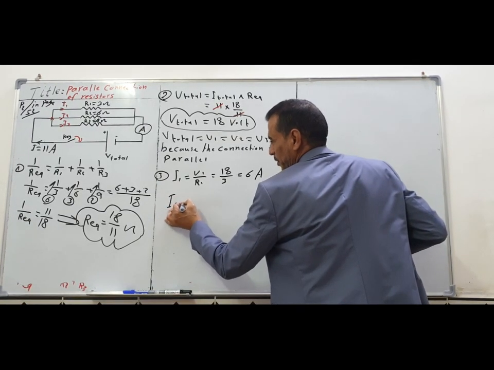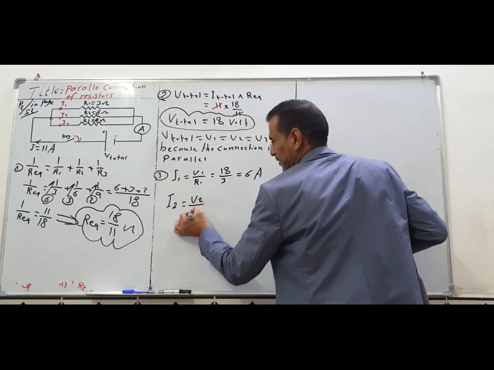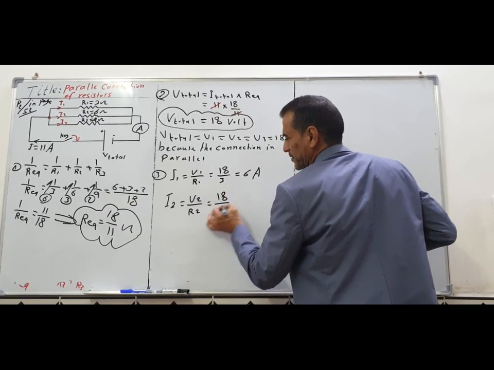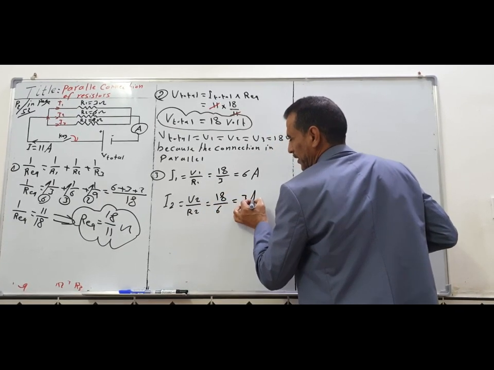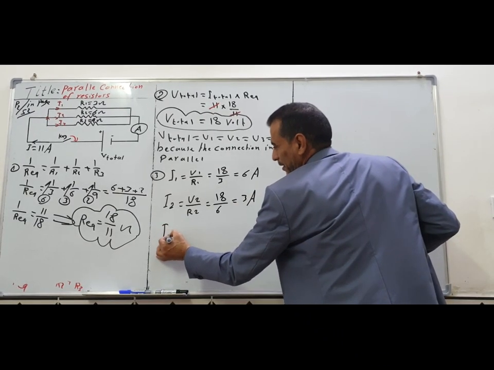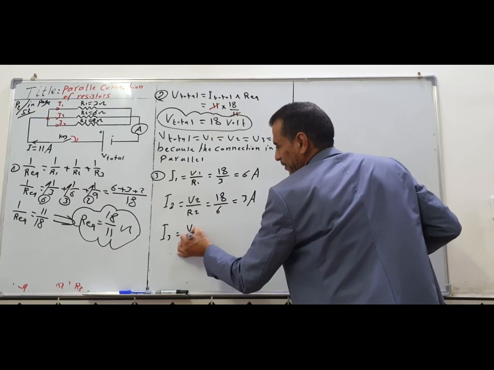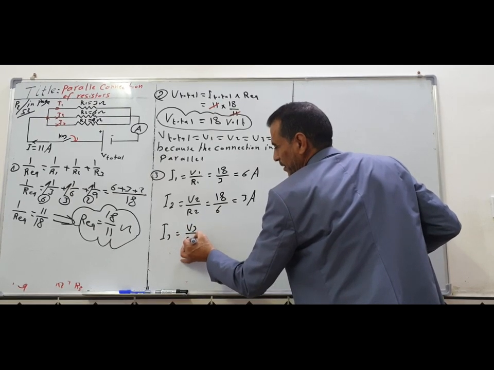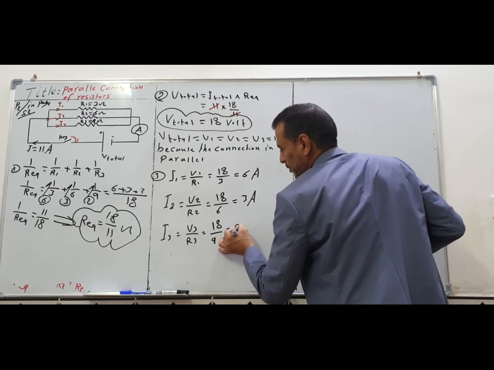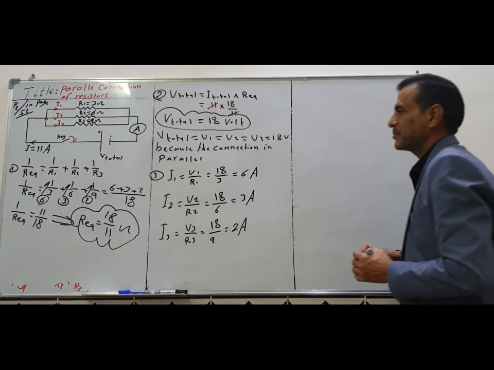I2 equals V2 divided by R2, which is 18 divided by 6, equal 3 ampere. I3 equals V3 divided by R3, which is 18 divided by 9, equal 2 ampere.